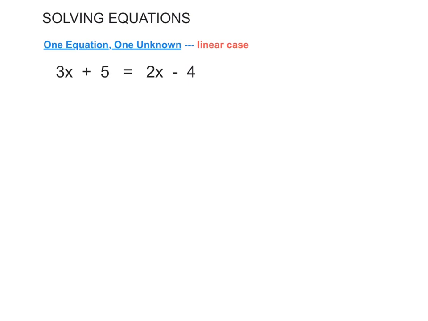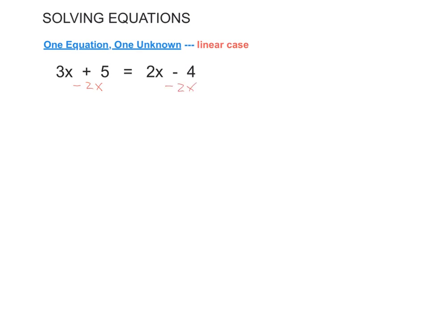So let's begin. Notice that there's an x that appears on the left-hand side as well as on the right-hand side. So what I want to do is try to collect those x's so they all appear on the same side of the equation. I can do that as follows. I'm going to subtract 2x from both sides of the equation.